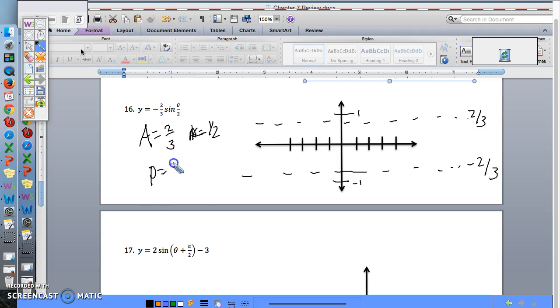So our period, 2 pi divided by 1/2, which is 4 pi, multiplied by the reciprocal. So we're counting by 1 pi, 2 pi, 3 pi, and 4 pi. And sine starts in the middle, and since it's negative, it's going to go down, middle, up, middle. So high, middle, low, middle.